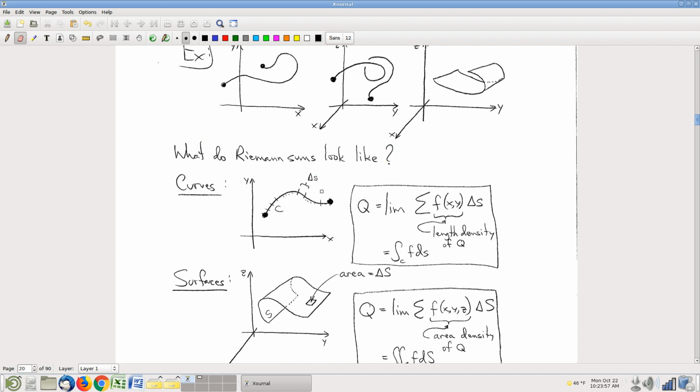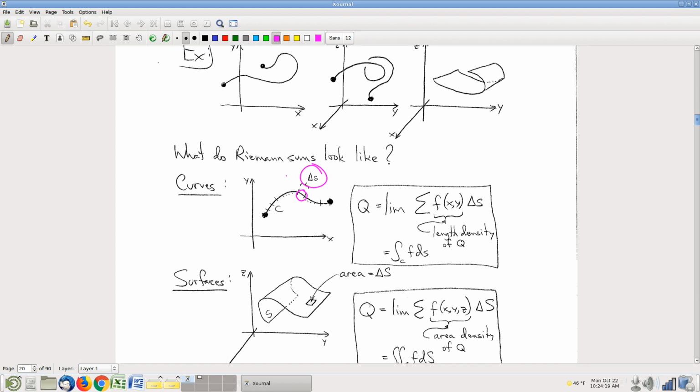So, for example, if you have a curve like this, well, you could very reasonably chop it up into little pieces, etc. And on each little piece, you could talk about what is the size of that little piece.